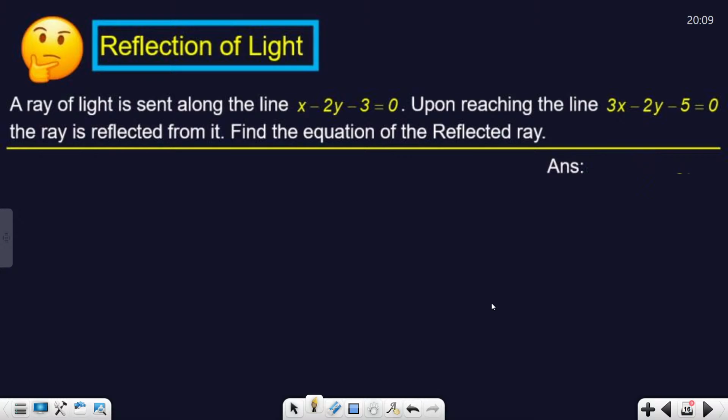But before that, I will request all of you to revise whatever I taught you today as well as in the previous class. So revise those two classes, and tomorrow we are going to start with reflection of light. You will see this is basically the application of finding out the image and the foot of the perpendicular that you will learn. So this I'm going to start from tomorrow.